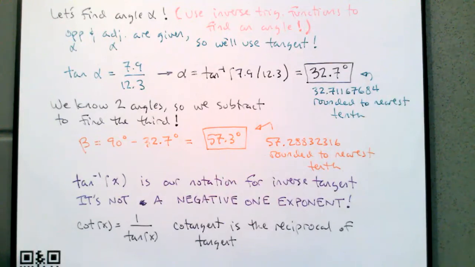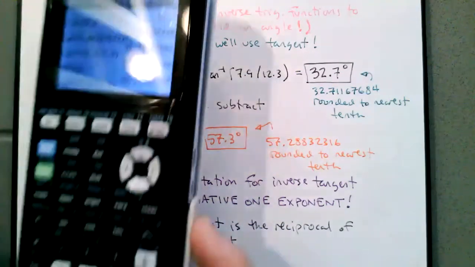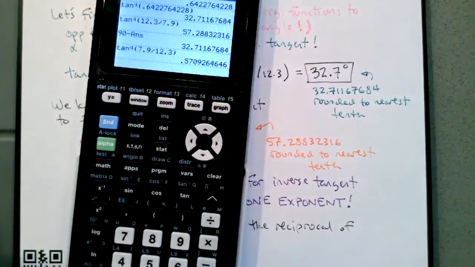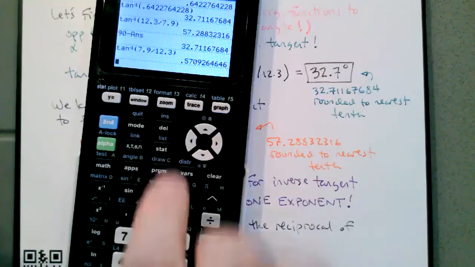Question? I see a hand raised. Yeah, I don't know what's happening, but whenever I plug in the same numbers, I'm not getting the 32.7 degrees. I'm getting a totally different number. So you're doing this calculation. Are you coming up with 0.5709? Yes. See, I have magical powers.